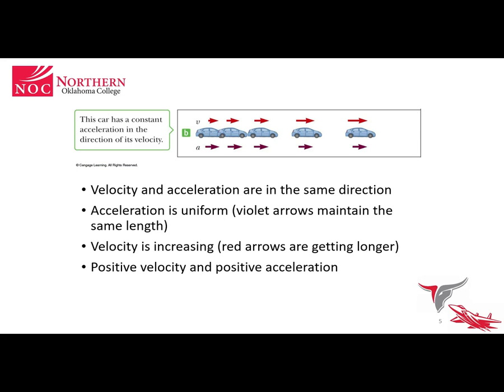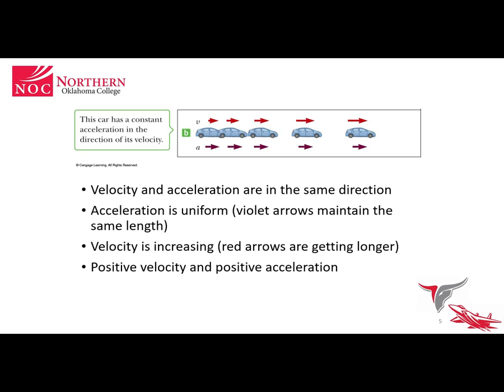But now let's look at that case where we're at the stop sign and we're trying to get to speed, or we're coming in on the on-ramp onto the interstate. In this case, you can look at my velocity arrows. They're changing their size, right? They're getting longer. My acceleration arrow, because acceleration is also a vector quantity, is uniform, with the same length, and my velocity is increasing.